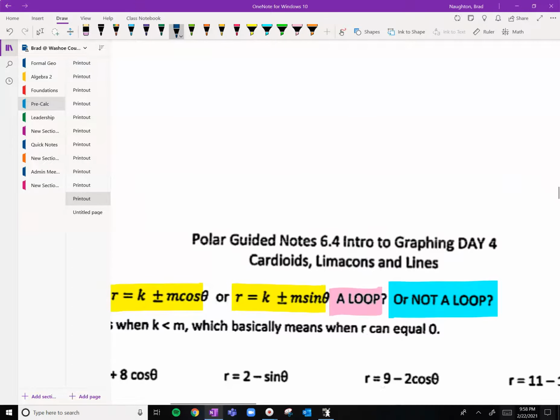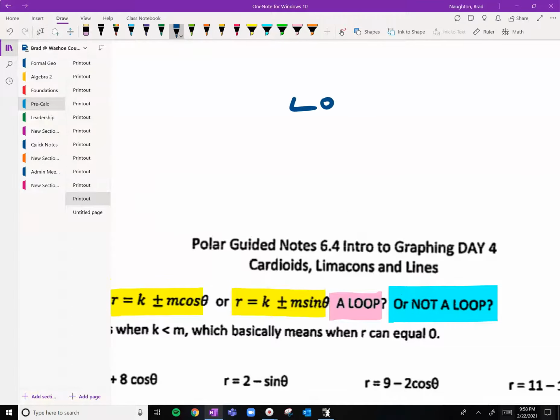I had to go there, right? All right, so if it's a loop, the idea is it kind of looks like a cardioid, except in the middle, we're going to have a little loop. If it's going to be no loop, we're going to call that a dimple.